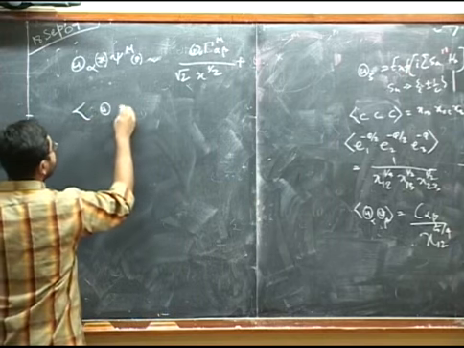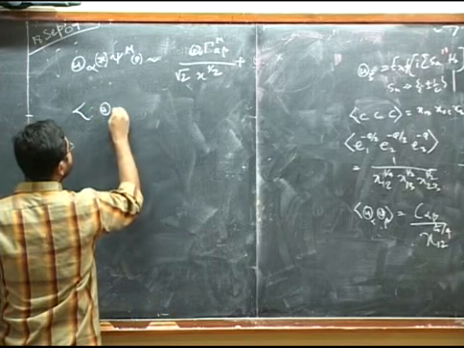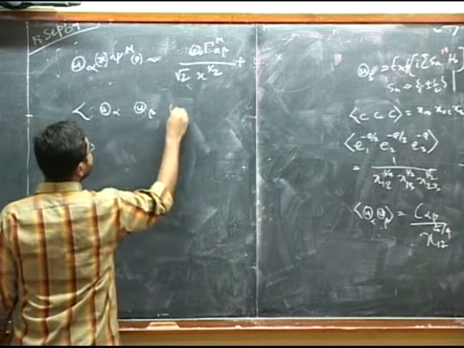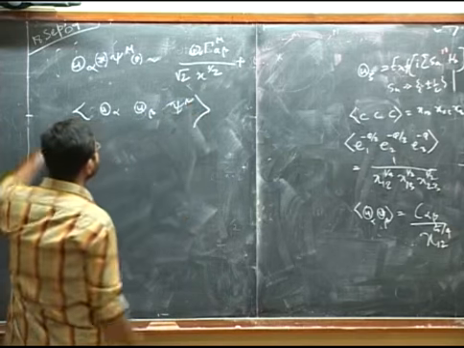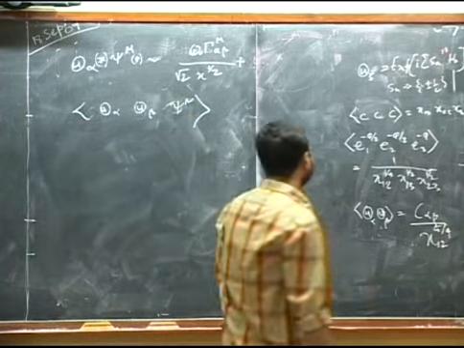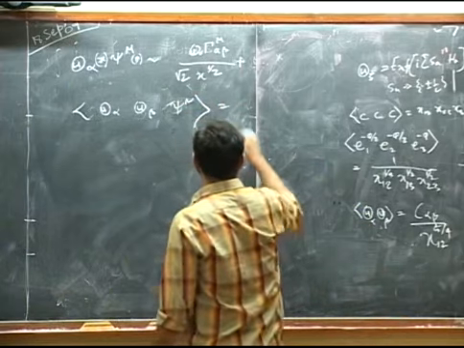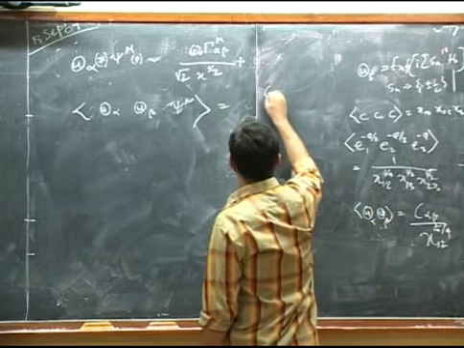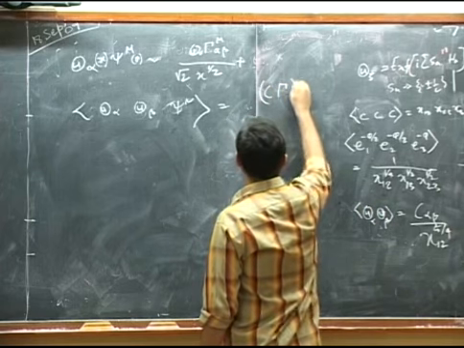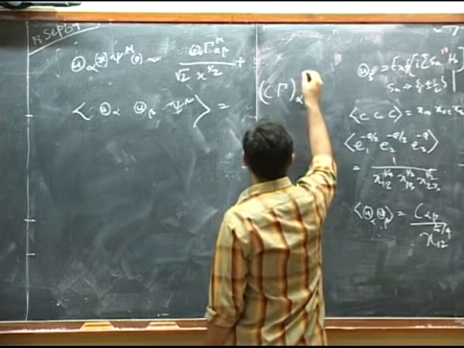So this object now, theta alpha, theta beta, psi mu. I will use these two relations, this relation and this one, to write this as C times gamma alpha beta.